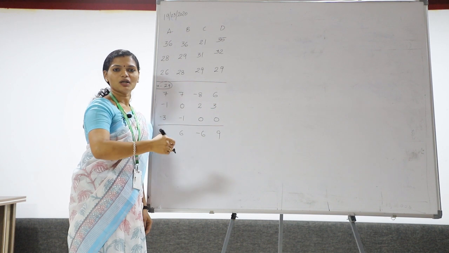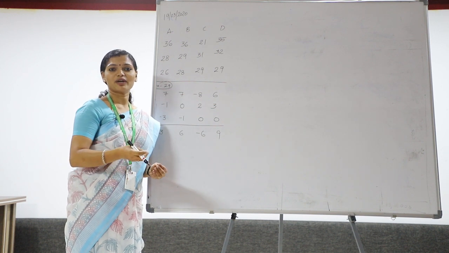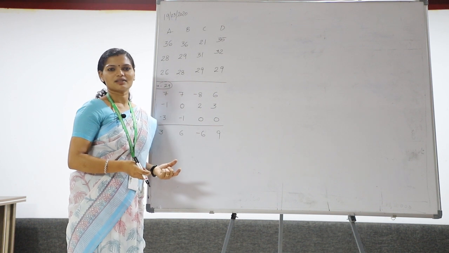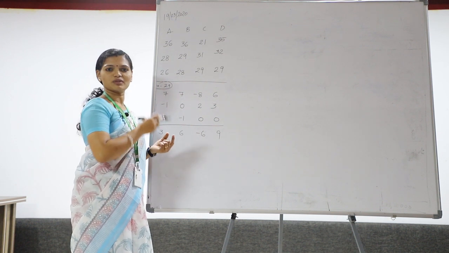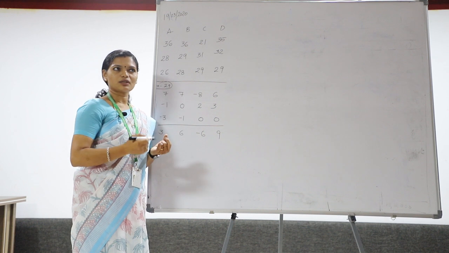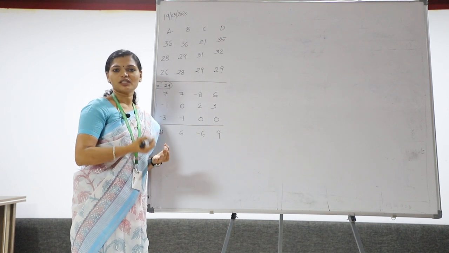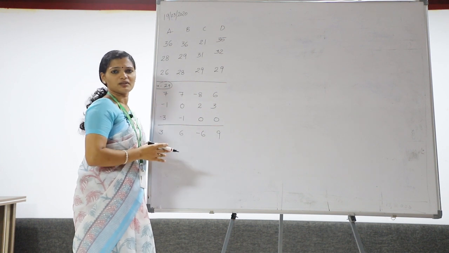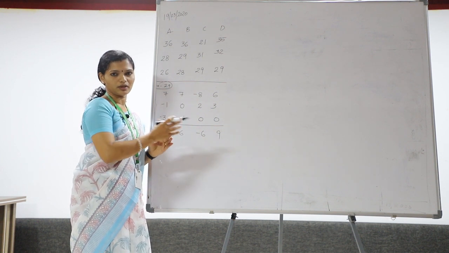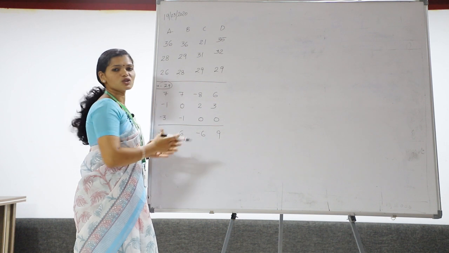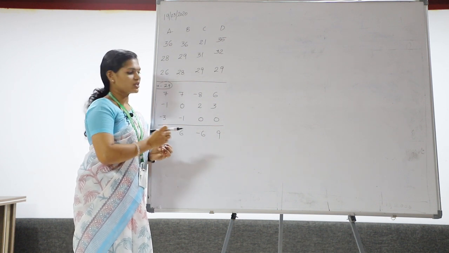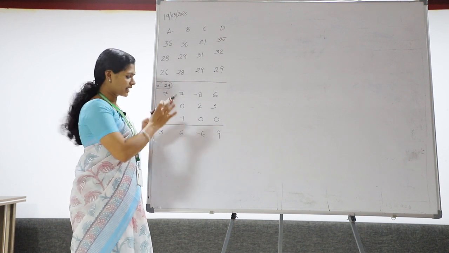In ANOVA the final product is the F ratio, and since it is a ratio, it is dimensionless. So if you apply any fundamental operation, addition, subtraction, multiplication or division, with any constant number or common factor, there will be no change in the result. You need not make any subsequent changes, and you will get the correct result.